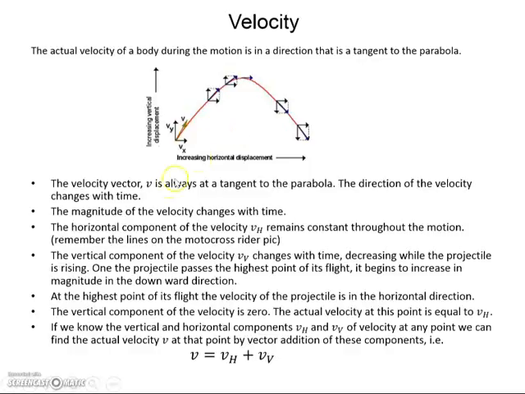So to find the velocity vector at any point in a projectile's flight, we add up the horizontal and vertical components of that motion vectorially, and we'll be able to figure out the magnitude of v.